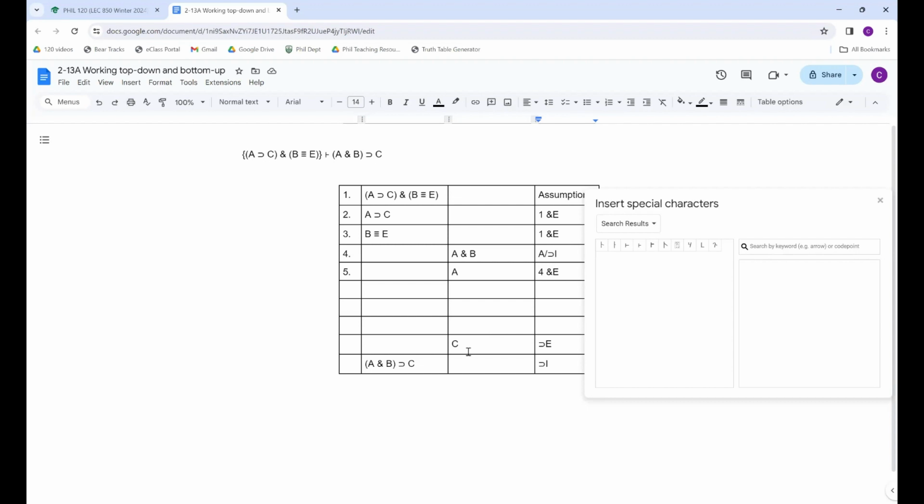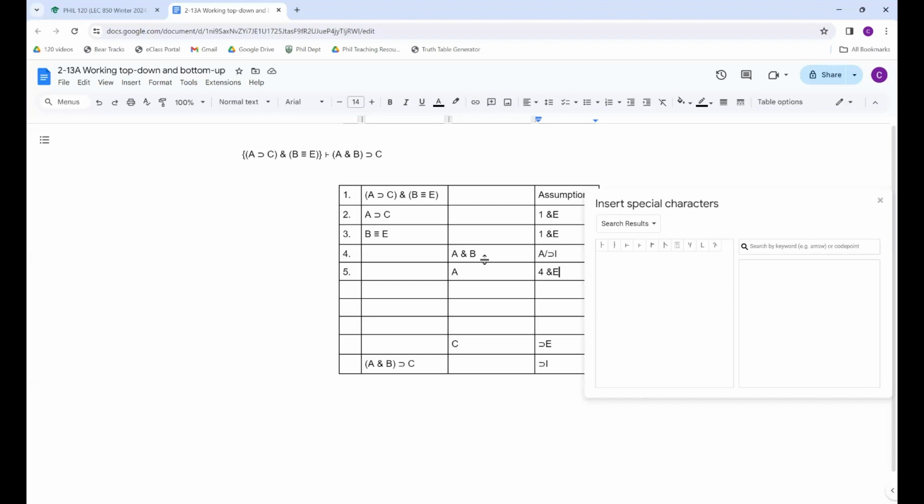That allows you to put in more goal sentences above them. And what you're trying to do as you're working bottom up is get to the point where you can join up the top and bottom of your derivation. And that's what we've accomplished at this point. We've established more and more goal sentences until we got to one where we could just see how we could infer that from lines that we already had in the derivation.